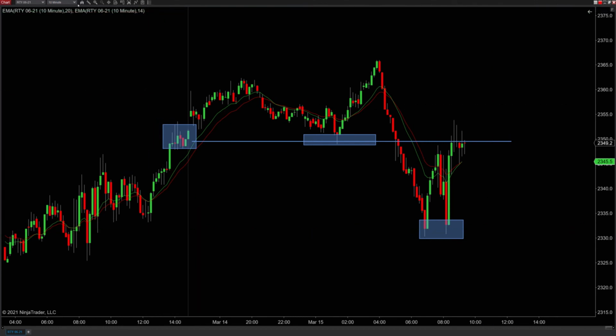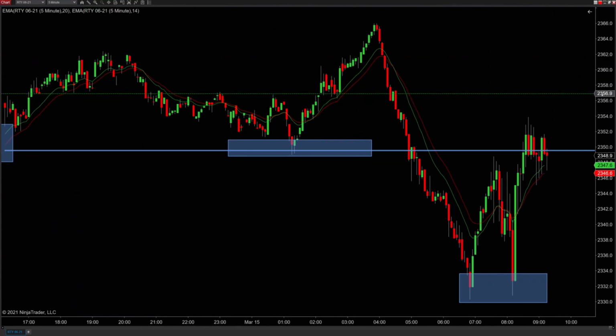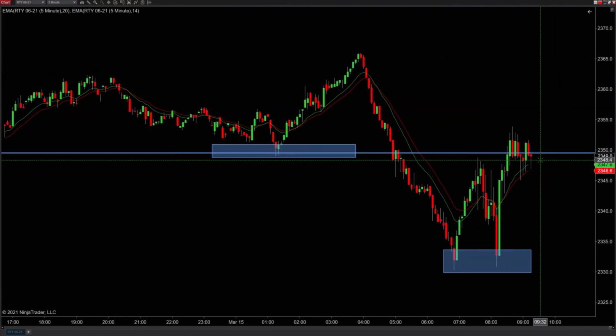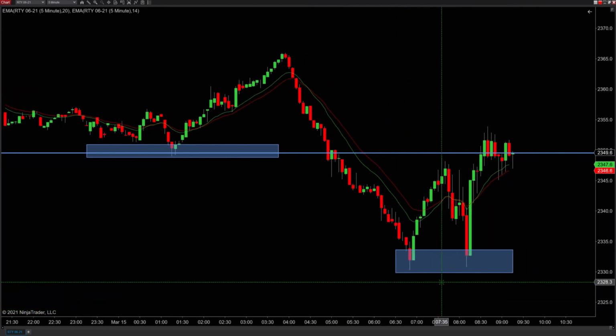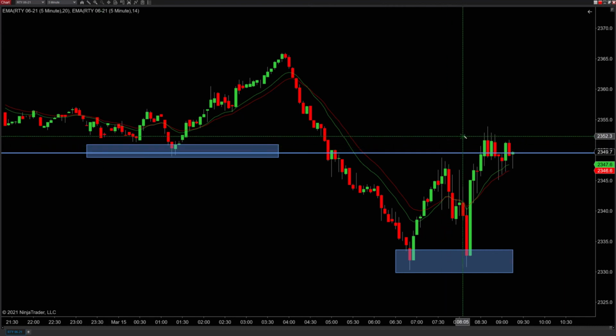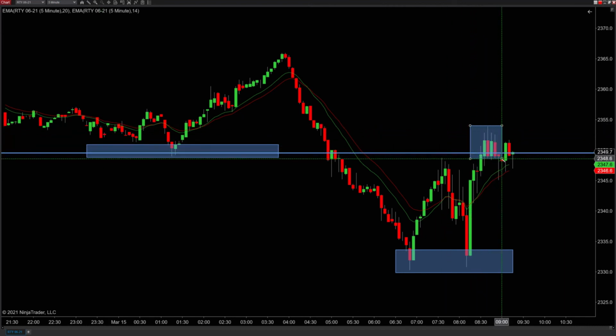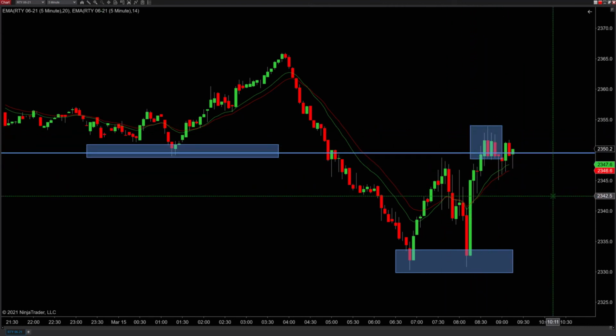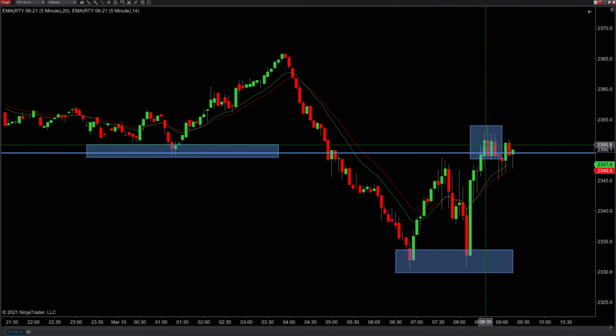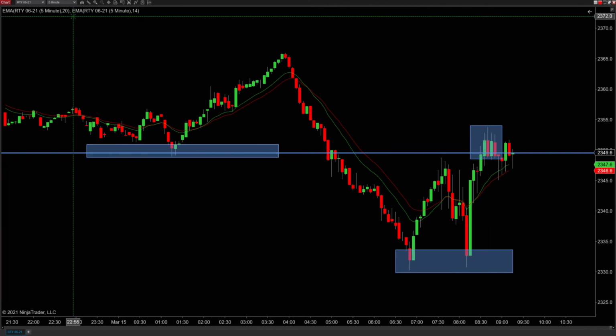And I went down into the shorter term bars and saw this area here, which was this very clear area of congestion here, that led me to believe once again that this is really developing into a significant area of resistance.